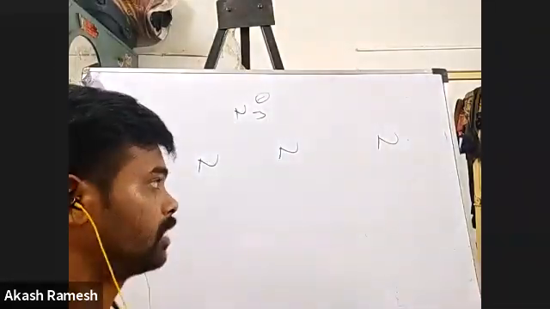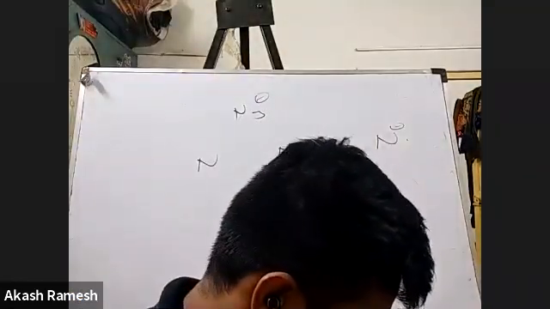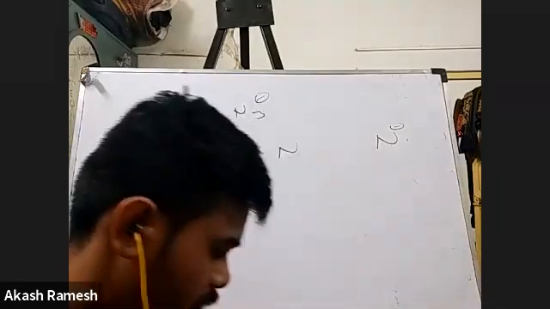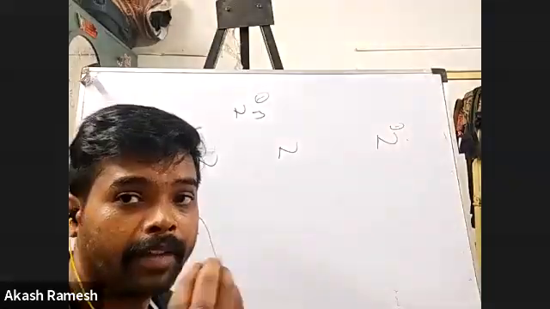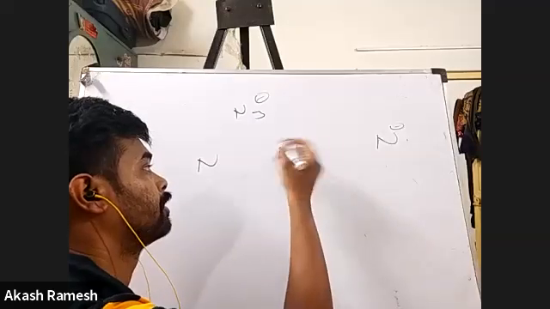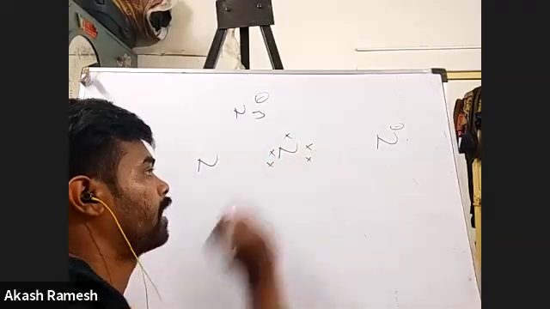Cool. So say I put the negative charge on this nitrogen atom. I know a nitrogen atom has 5 valence electrons, 2,5 is the configuration. So say I have 5 electrons here: 1, 2, 3, 4, 5.